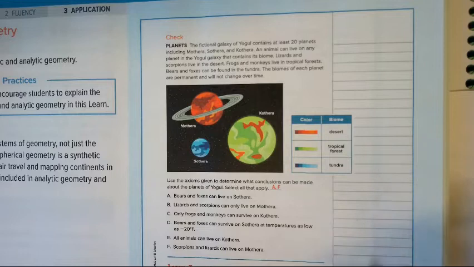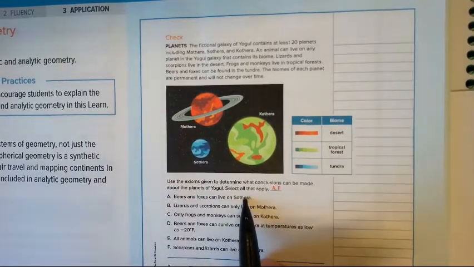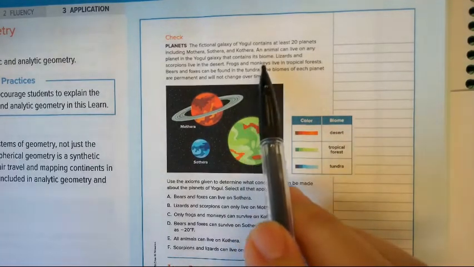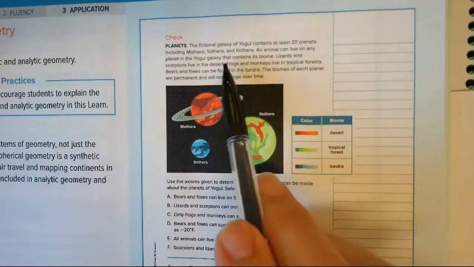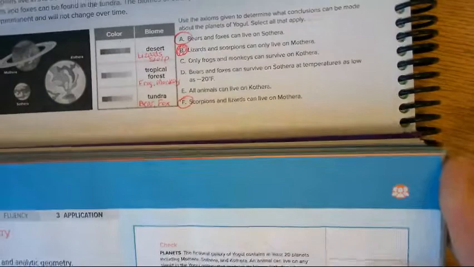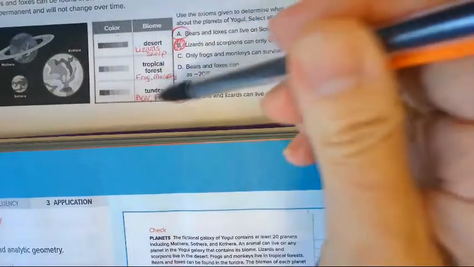So as you go through these, bears and foxes can live on Cythera. So bears and foxes, it says up here, I have to go back over to my notes so that you can see it better. So over here in my notes, I went ahead and put in what each animal was going to.